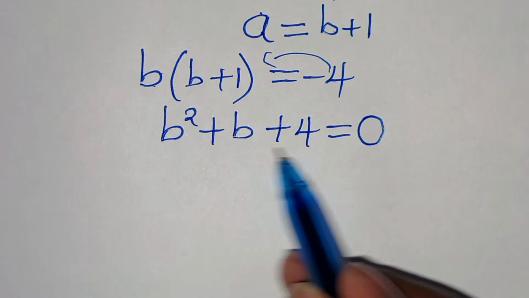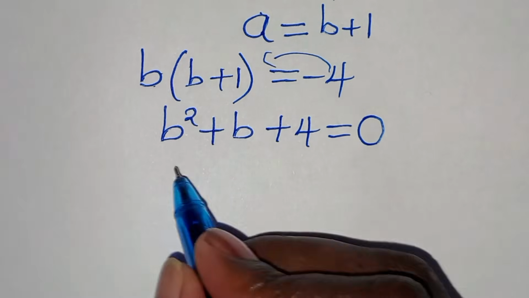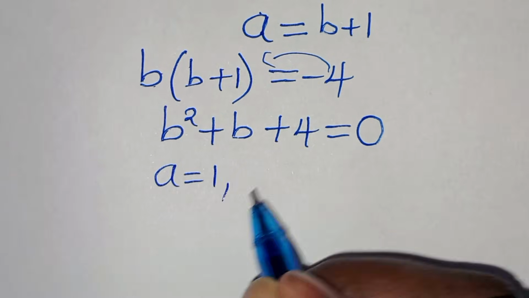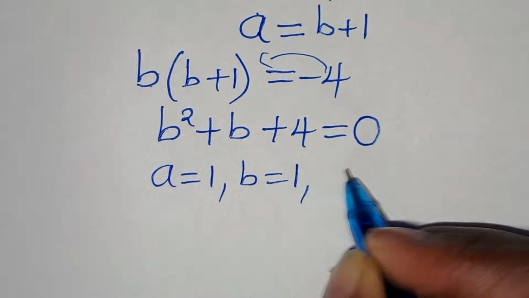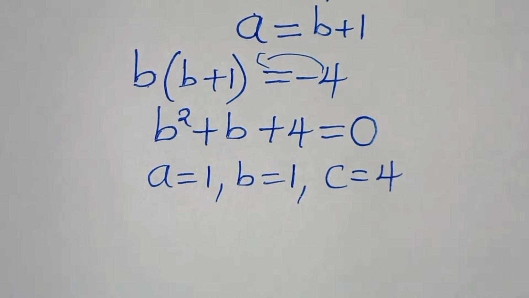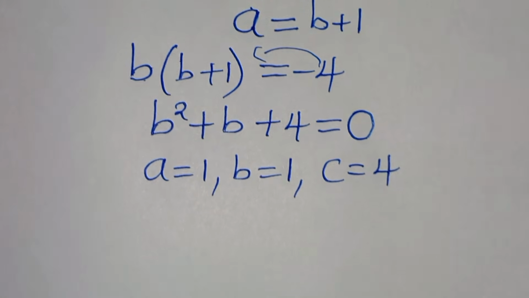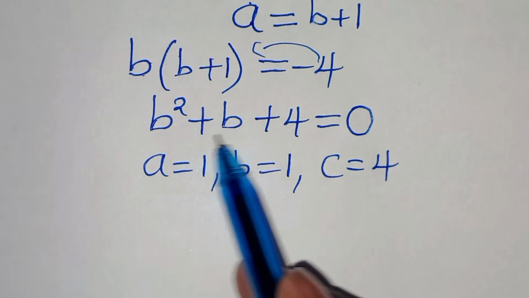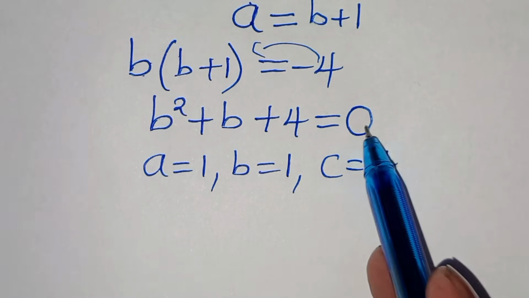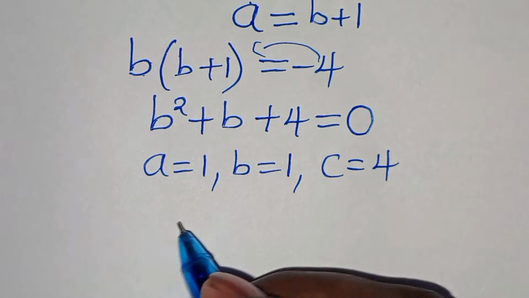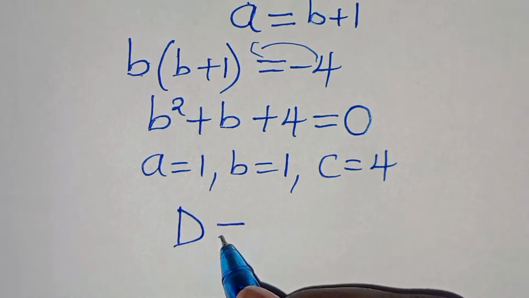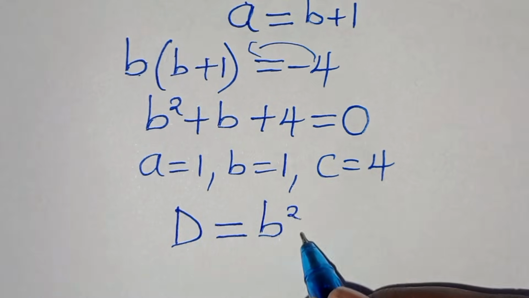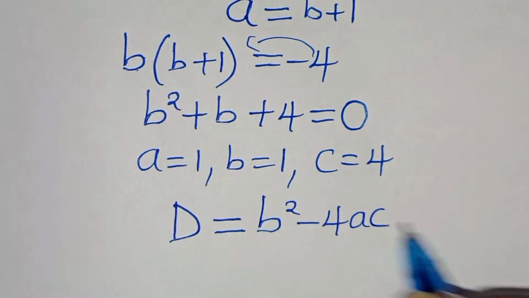So this is a quadratic equation with a equal to 1, b equal to 1, and c equal to 4. Let's assess the nature of the roots of this quadratic equation. To do this, let's determine the discriminant value, which is b squared minus 4ac.